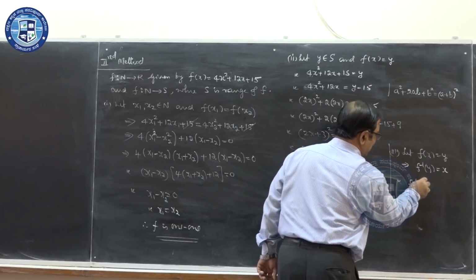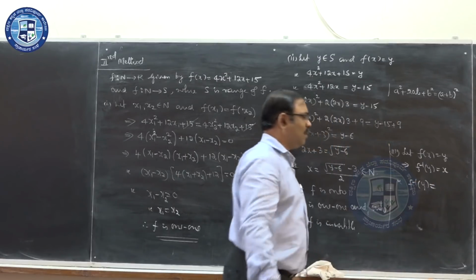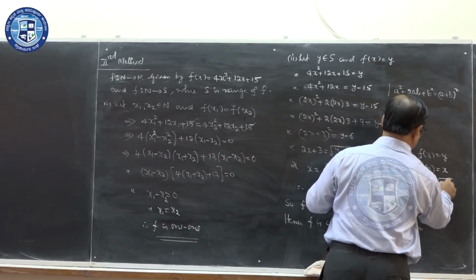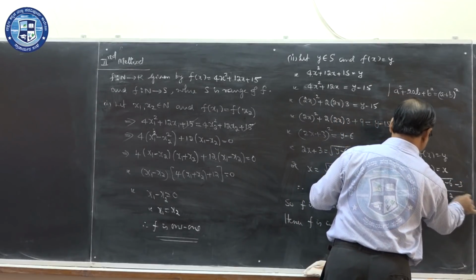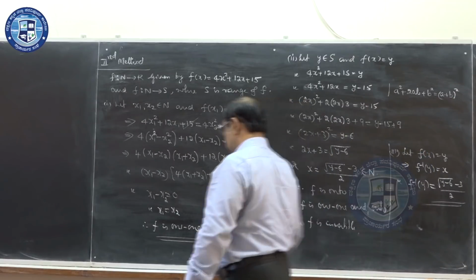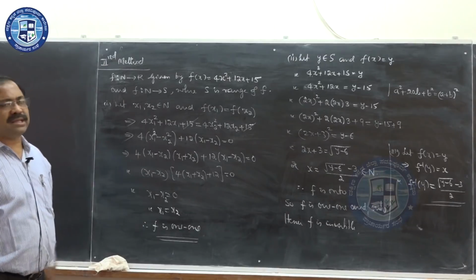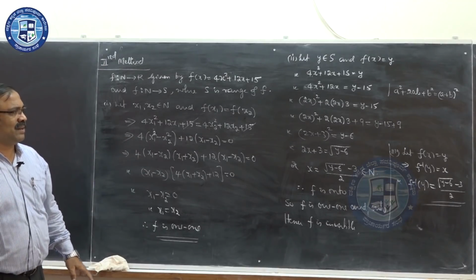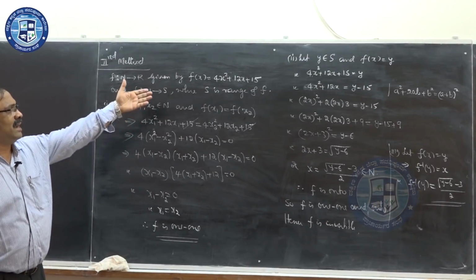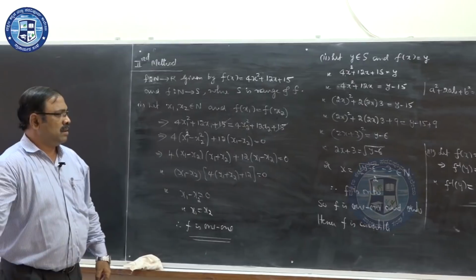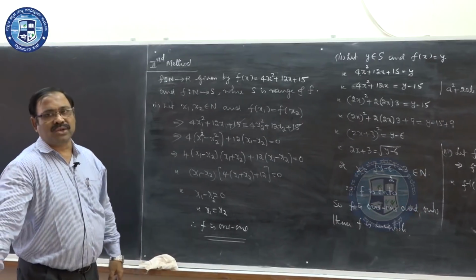What is this x? Already we have written x equals root of y minus 6 minus 3, by 2. So, I think the second method is better than the first one. The first one is very lengthy in this case because a quadratic expression is given. So, this is also very important.